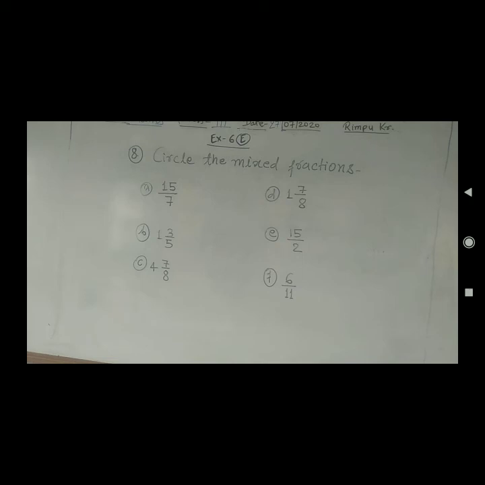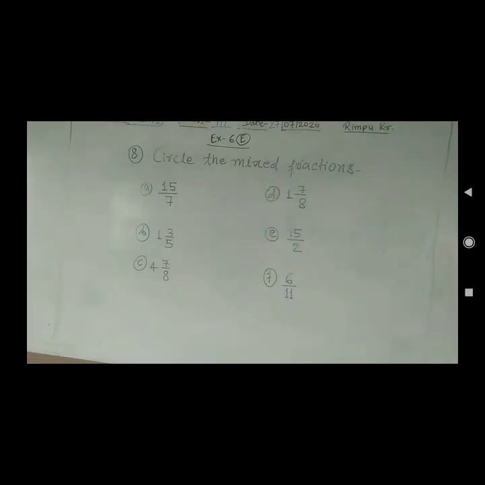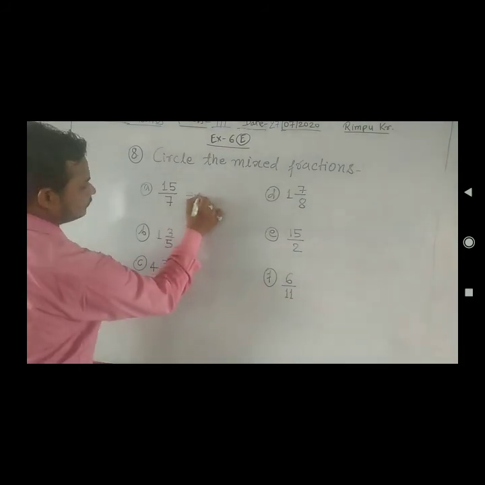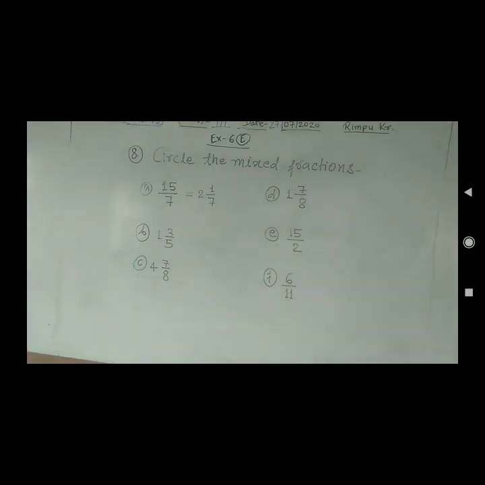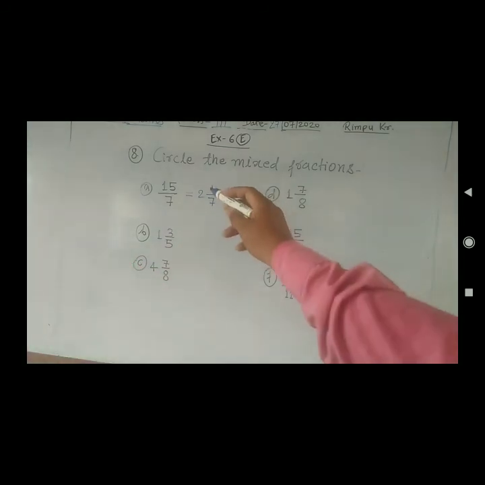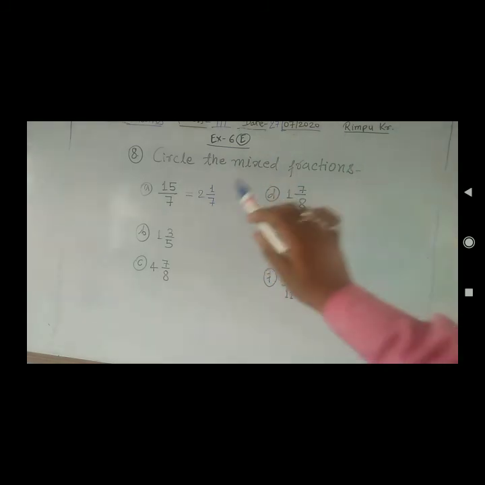Chalo. Next, guys, you can also define it in a second way like this. Mixed fraction is a fraction whose value is more than 1. You can also tell it like this. See, here is 15 upon 7. You can write this 15 upon 7 in the form of 2 whole 1 upon 7.